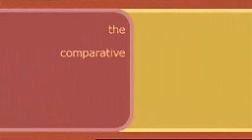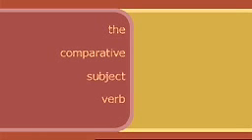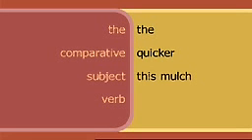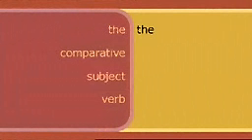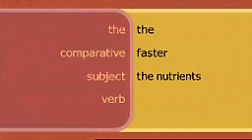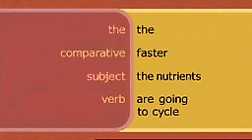The form is the plus the comparative plus the subject plus the verb. Tracy said, the quicker this mulch is going to decompose. Then, using exactly the same grammatical structure, she added the complementary statement: the faster the nutrients are going to cycle.